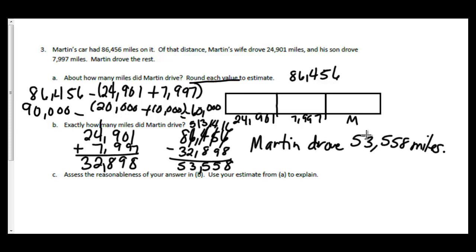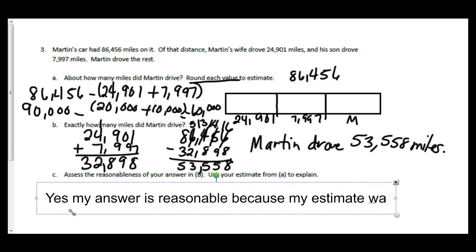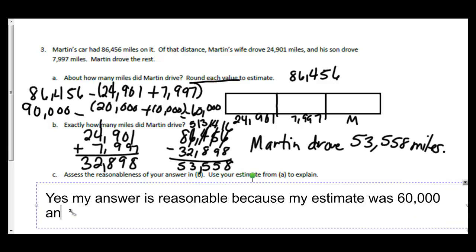Now it says assess the reasonableness of your answer. Use your estimate from A to explain. So my answer is reasonable. My estimate answer, not the precise answer.